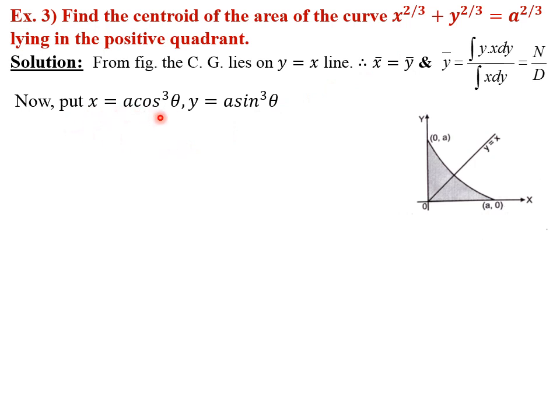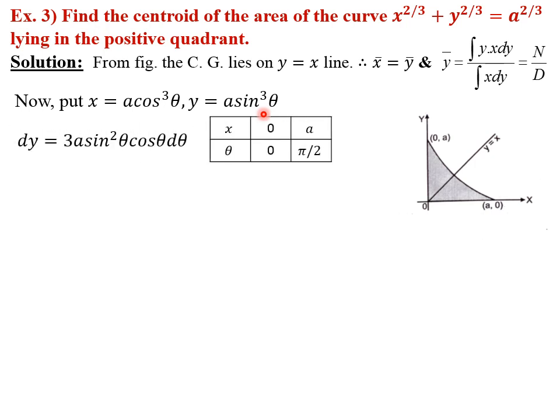And these are the standard substitutions to convert this equation into parametric form: x is equal to a cos cube theta and y is equal to a sin cube theta, which gives us dy is equal to 3a sin square theta into cos theta d theta, and according to this substitution, x will change from 0 to a, so theta goes from 0 to pi by 2. So the limits will change from 0 to pi by 2 in terms of theta.